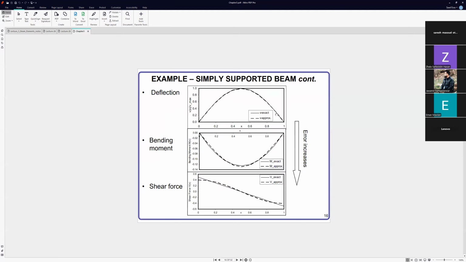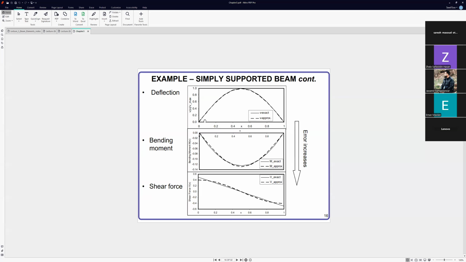So try to make the difference shape and get this plot from MATLAB. You can use MATLAB, or any finite element software, maybe Abaqus, Nastran, ANSYS, or any other.